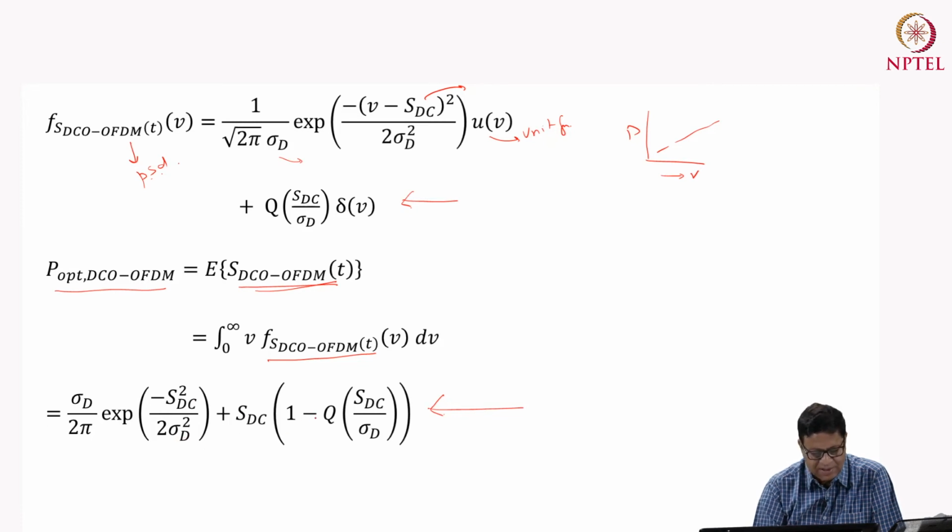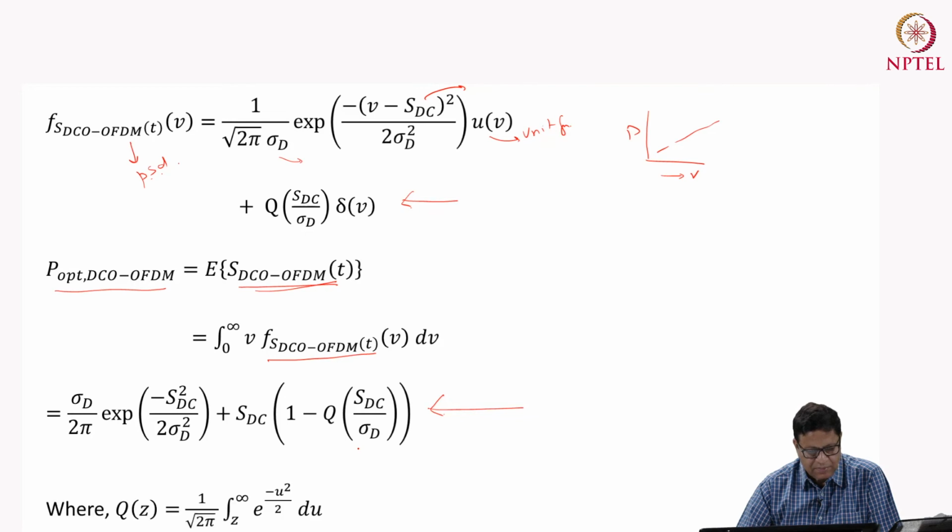This is coming because of the clipping part, 1 minus q SDC by sigma d. So this is the optical power, and q is the standard definition for a normal distribution, 1 by root 2 pi integral from z to infinity, where mu is 0 and variance is 1. So this expression is in the form of Q, and in order to calculate Q, there are standard Q tables, or one can evaluate this integral if it is possible to do.